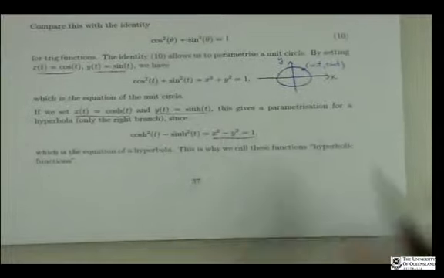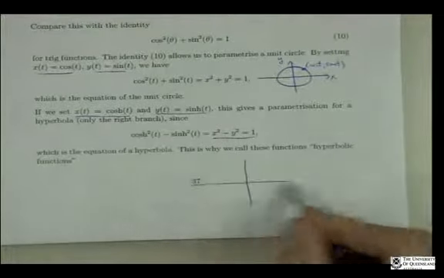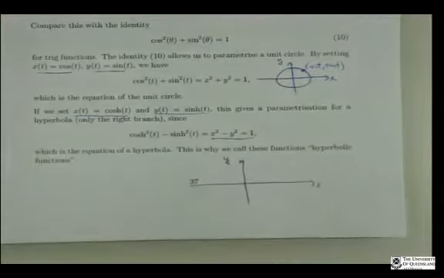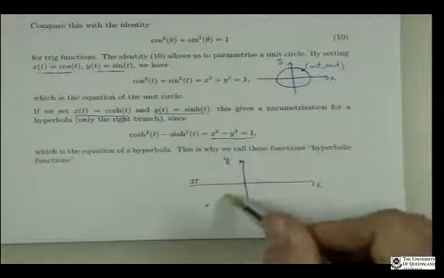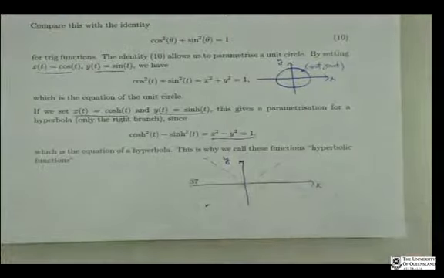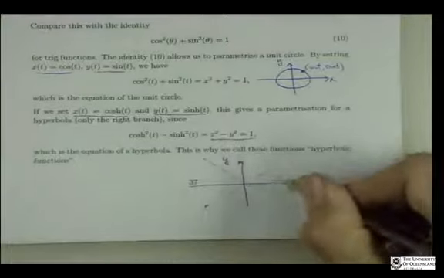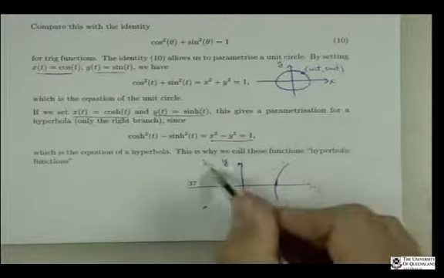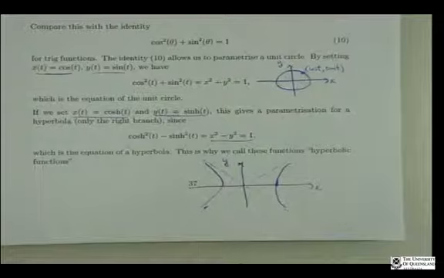So this describes, in the xy plane, a hyperbola, with asymptotes y equals plus or minus x. Here are the two curves.